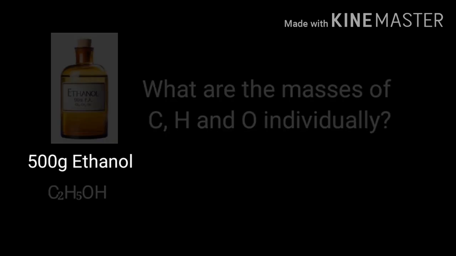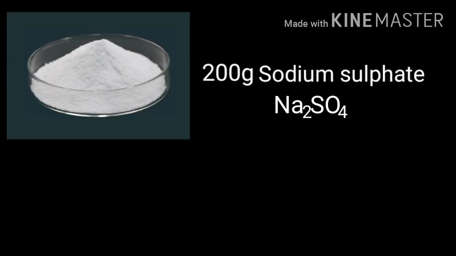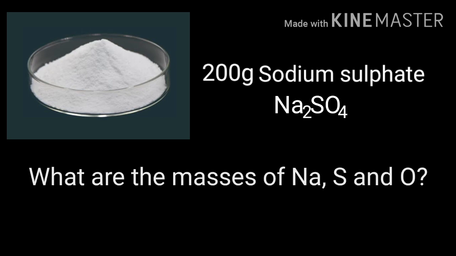Similarly, if you are given about 200 gram of sodium sulfate which contains sodium, sulfur and oxygen, how can you find the masses of sodium, sulfur and oxygen alone present in this 200 gram of the sample?